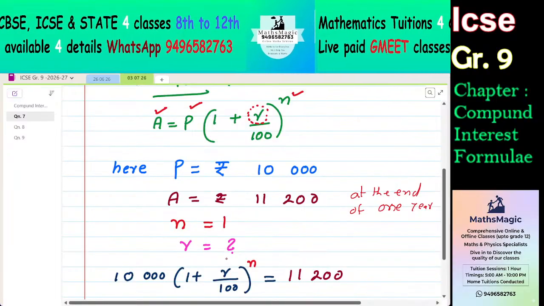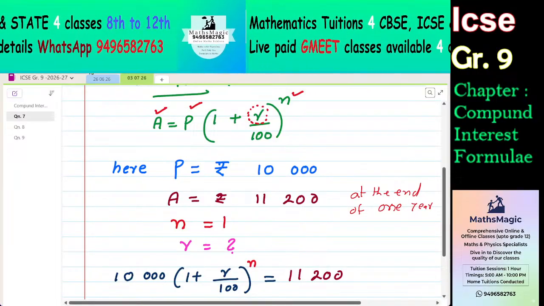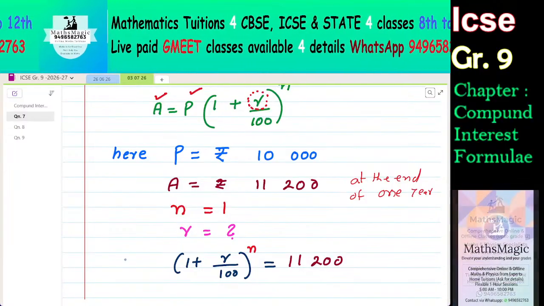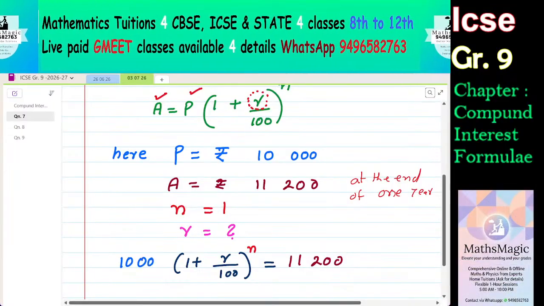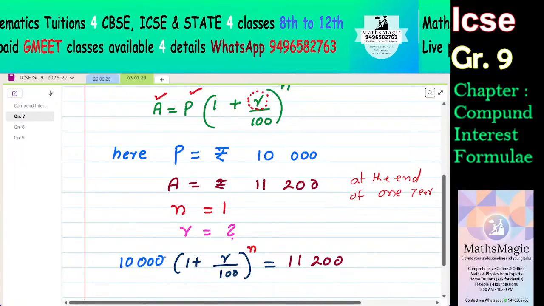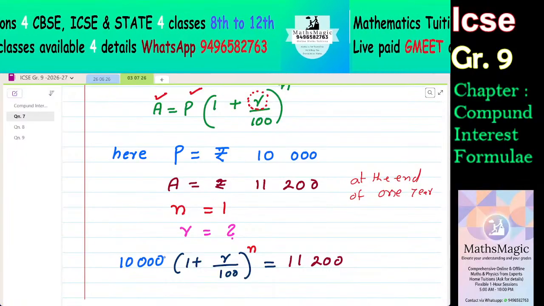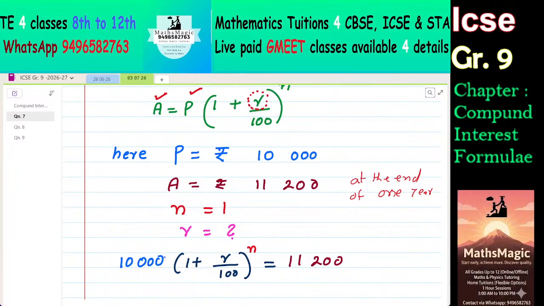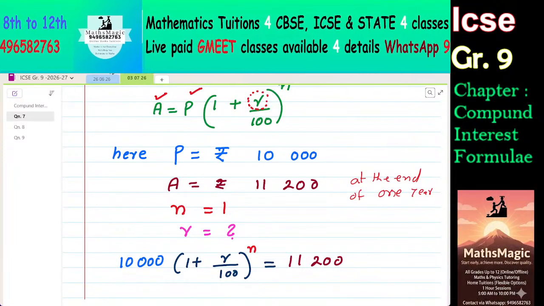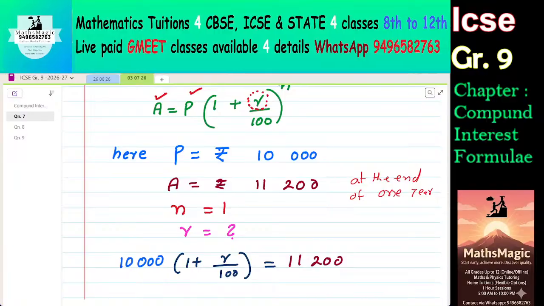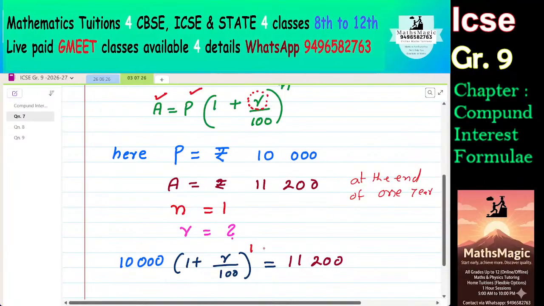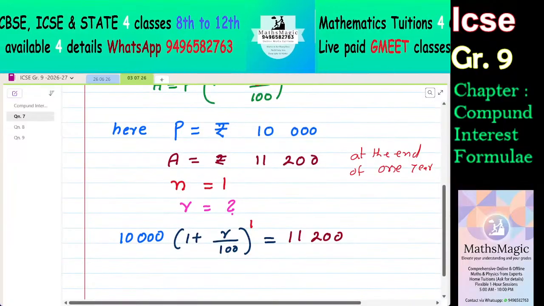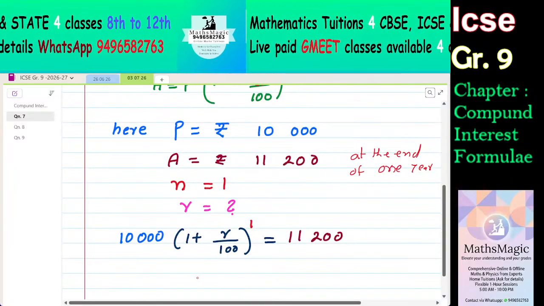For those who have doubt in substitution, I'm just changing the colors of those numbers accordingly. So here P equals rupees 10,000, that is in the blue color. Brown is amount A, and that N is 1. So now we need to find the black one, R. Since N is 1, we can just simplify it further.